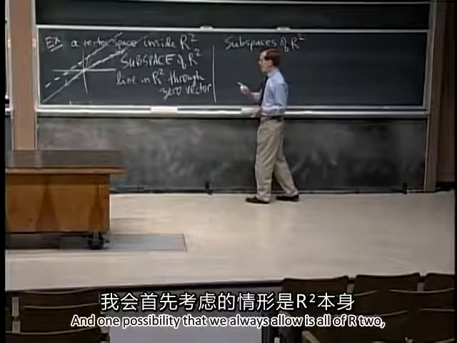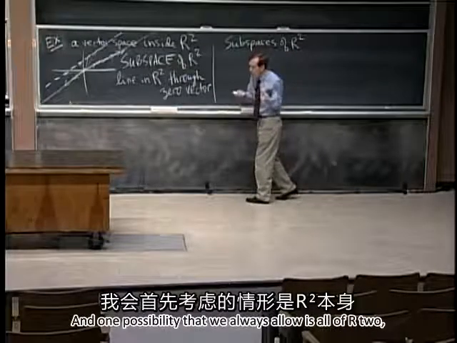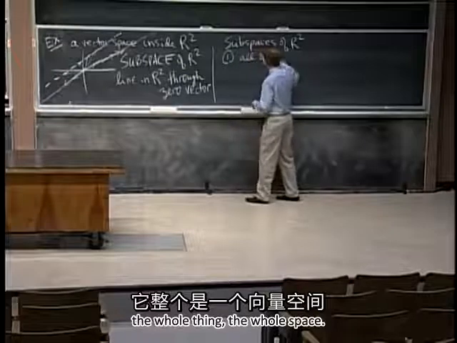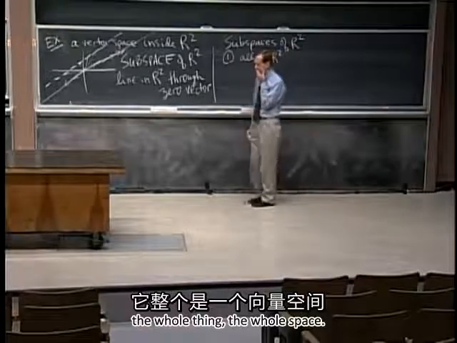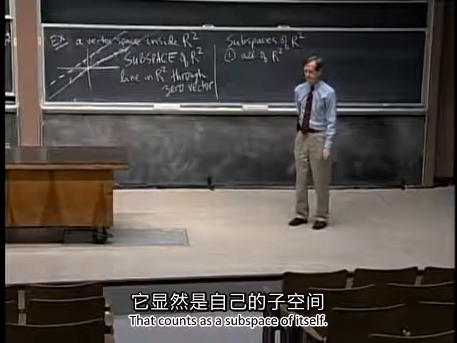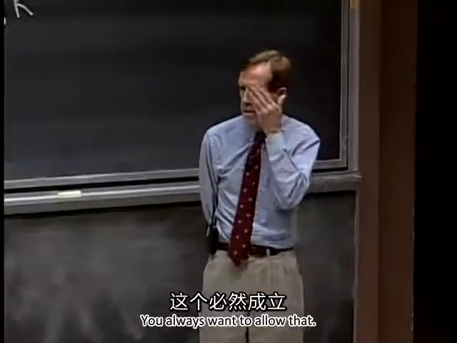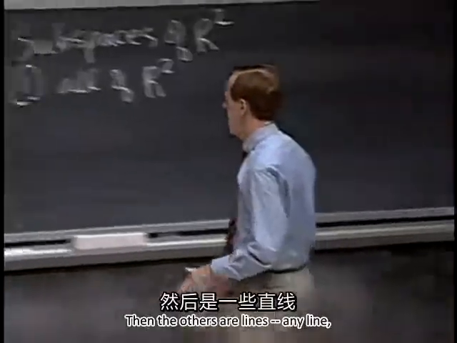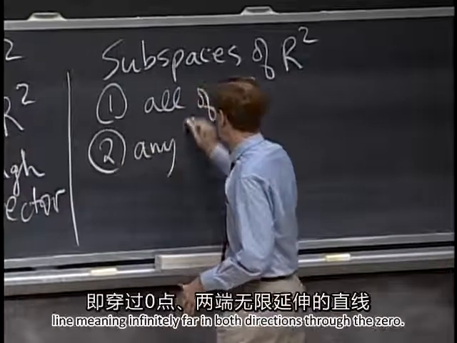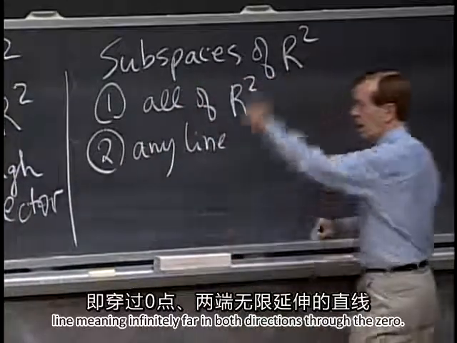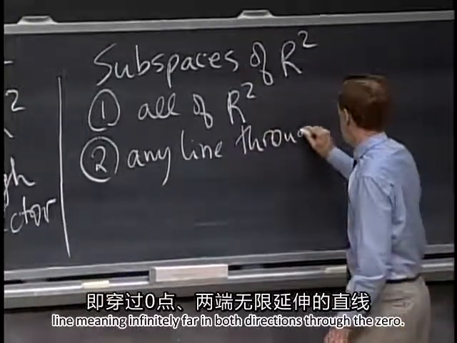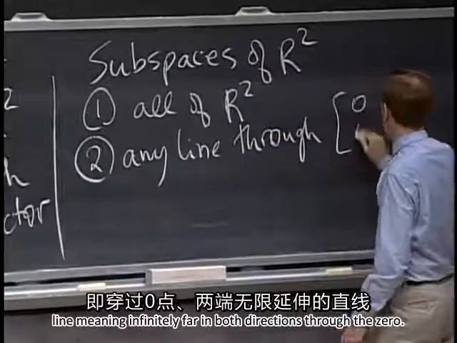And one possibility that we always allow is all of R2, the whole thing, the whole space. That counts as a subspace of itself. You always want to allow that. Then the others are lines, any line, a line meaning infinitely far in both directions, through the 0.